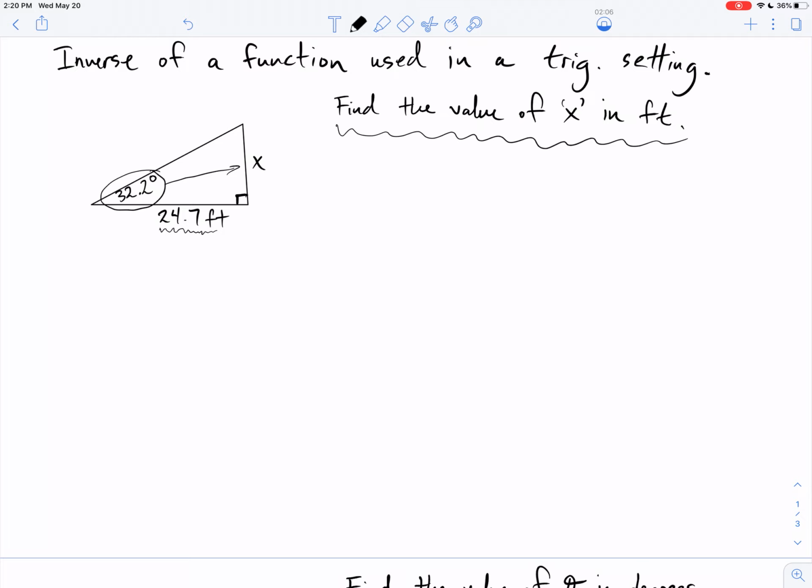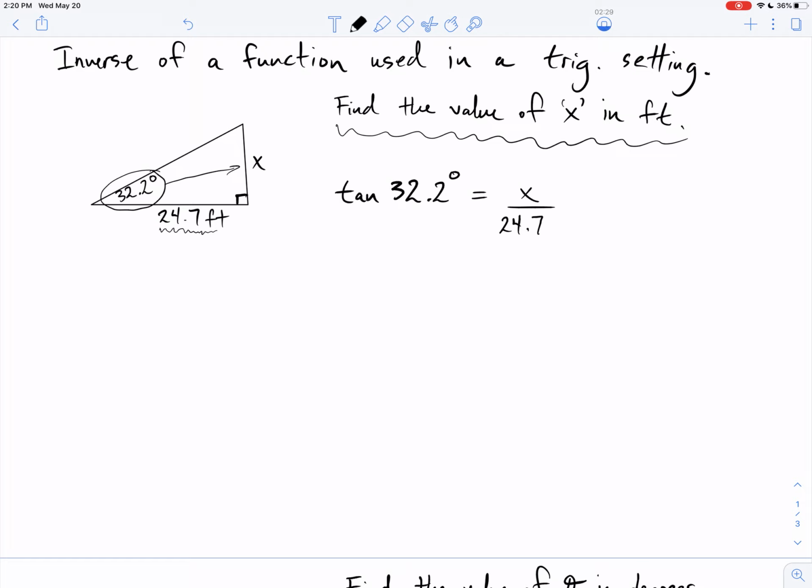So you guys hopefully remember this from geometry. I would say tangent's the function for me here. If I take the tangent of that 32.2 degree angle, it will be equal to the opposite over the adjacent, which is a proportion.